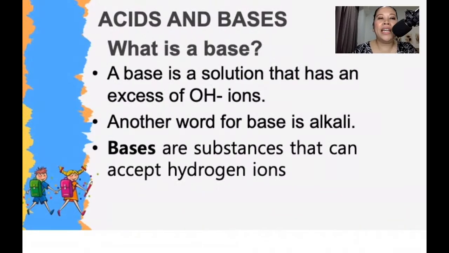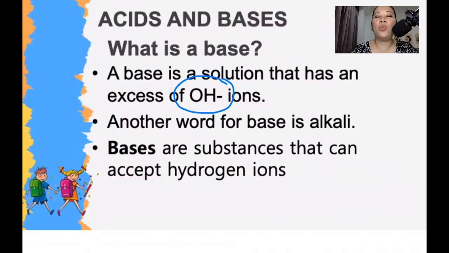The next one is base. What is a base? A base is a solution with excess OH minus. If an acid is H plus, your base is OH minus. Another word for base is alkali. Bases are also substances that can accept hydrogen ions.